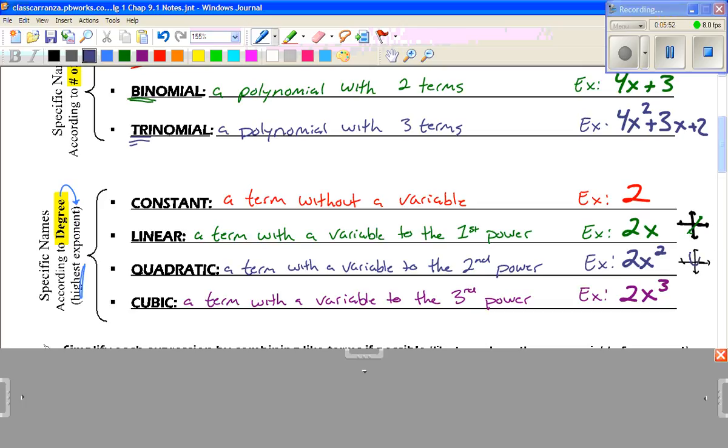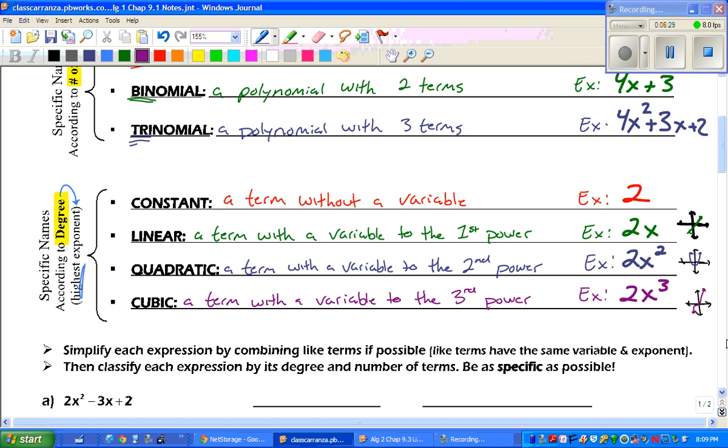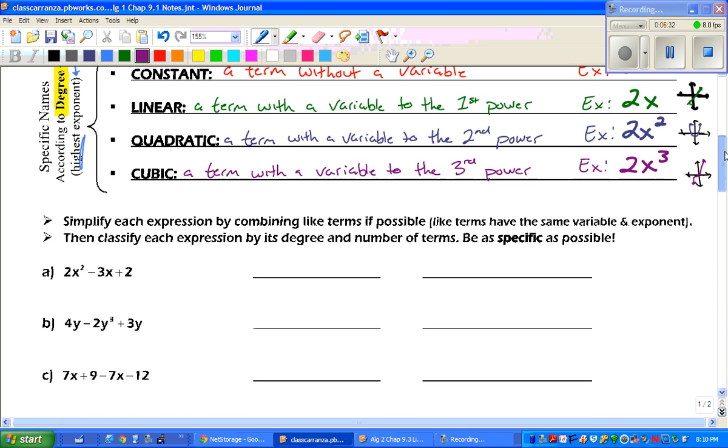And quadratics make the shape of a U. And if you move on to advanced algebra, you will learn how to graph cubics. And the cubic graph can look kind of like that. It's kind of cool. Every single power has a different sort of graph.